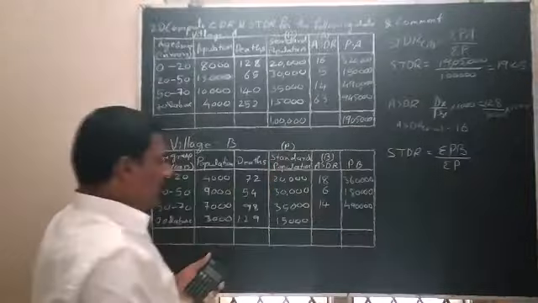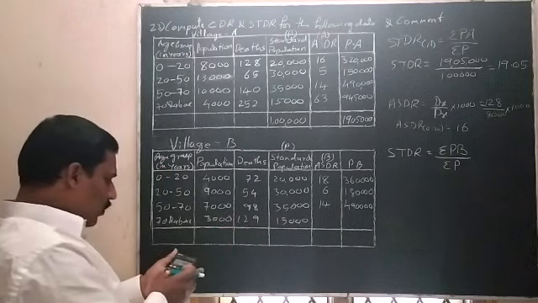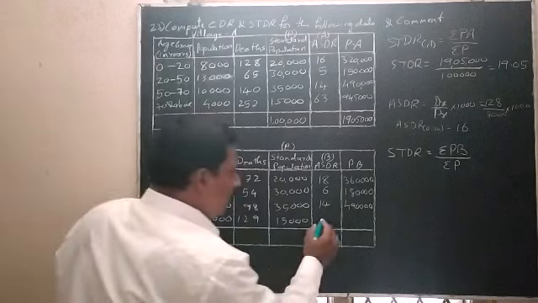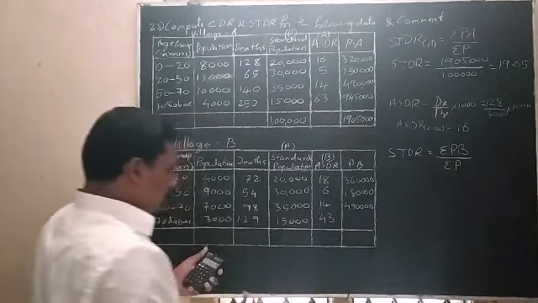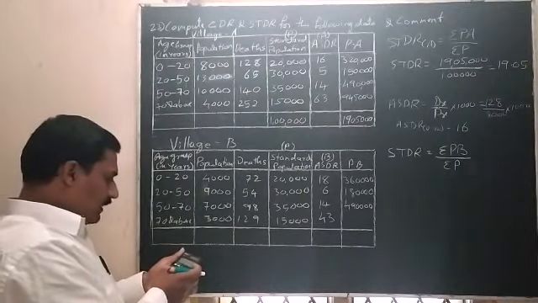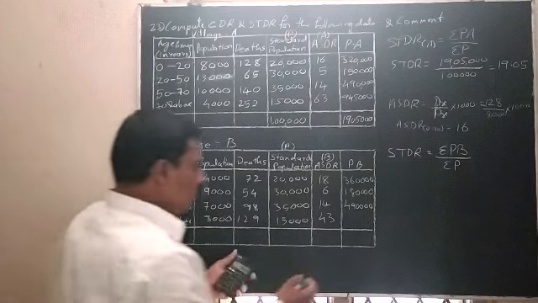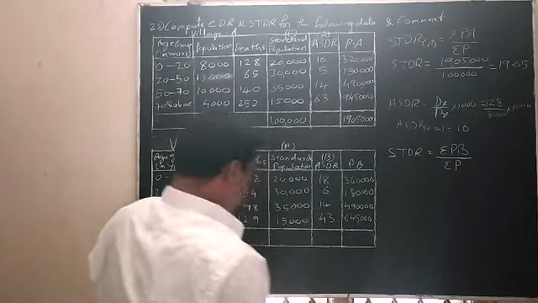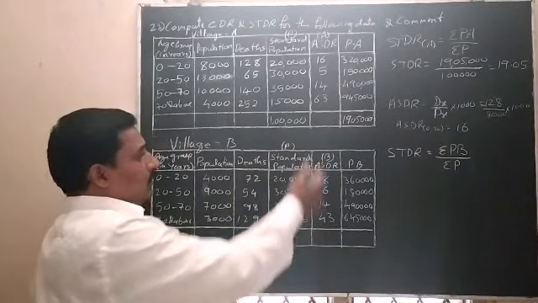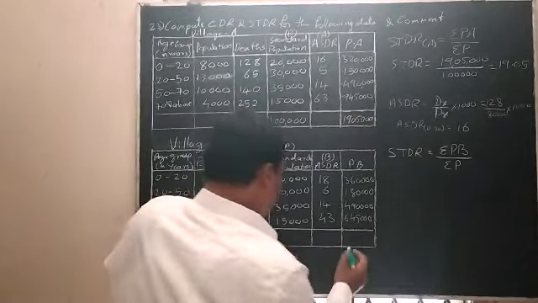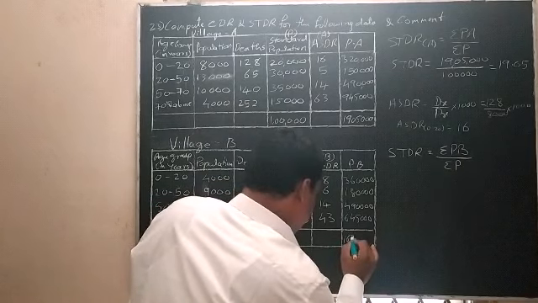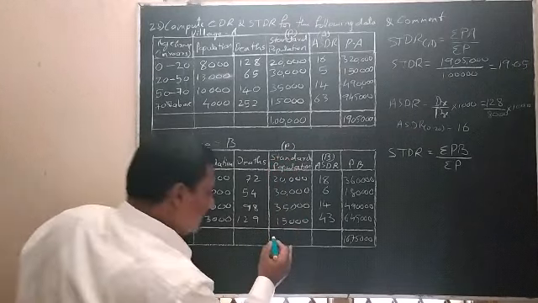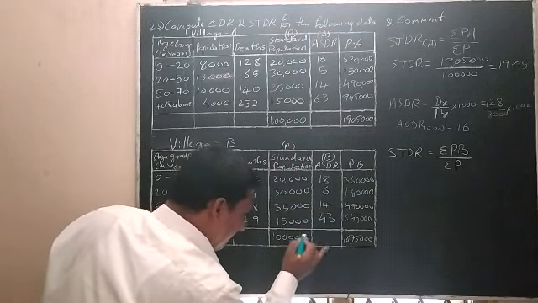And the last age group: 129 divided by 3000 into 1000 is equal to 43, and 43 into 15,000 is equal to 6,45,000. The total for column PB is 16,75,000, and the total for standard population is 1 lakh.